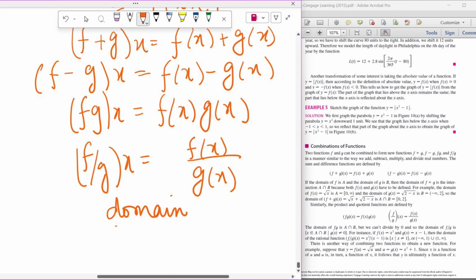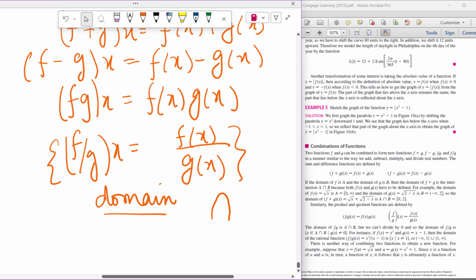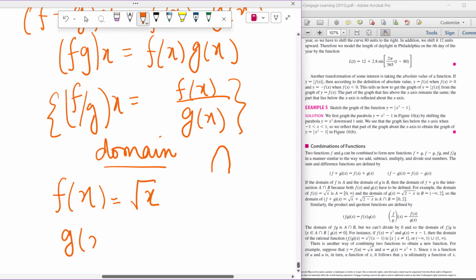Now the domain of a combined function will be the intersection, and that is represented by a symbol. Let's look at an example. Let's say I have a function f of x is equal to under root x and a function g of x is equal to under root 2 minus x.